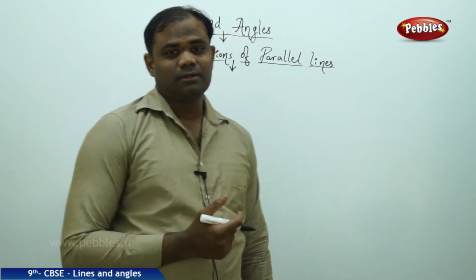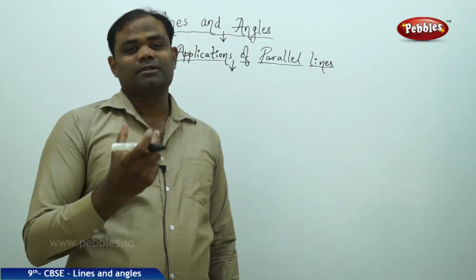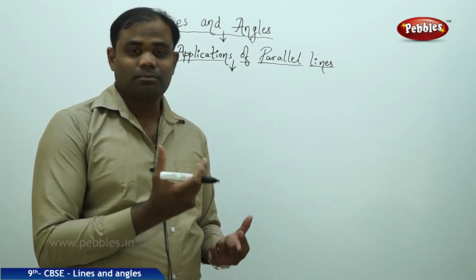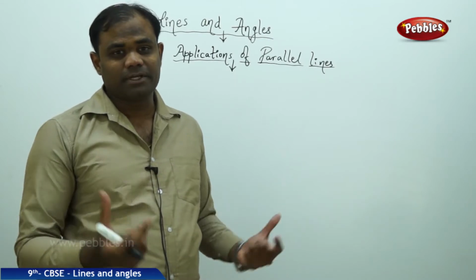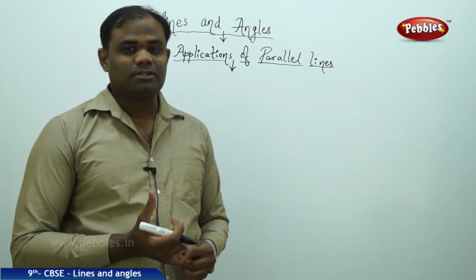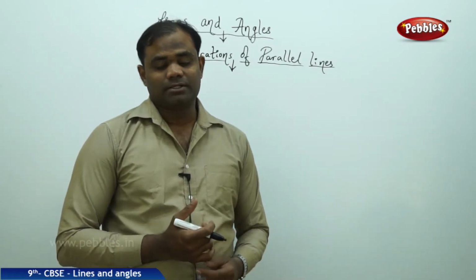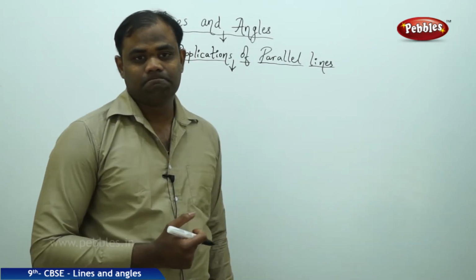Imagine I have the condition of two parallel lines with certain angles given. I can find certain unknown angles using the properties we have learned in the previous sessions, connecting two parallel lines and transversal. So let's see how we can use the learned properties in this session with an example real life problem.